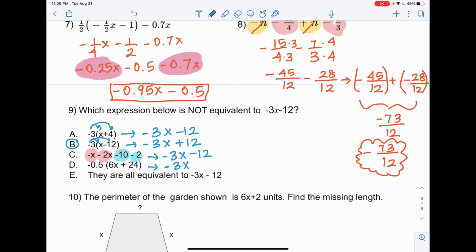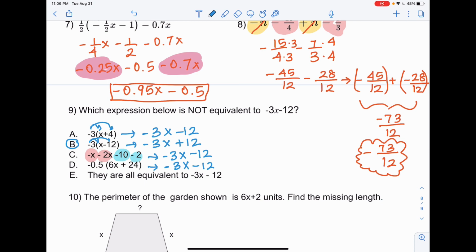It is like multiplying with 1/2, which is dividing by 2. So it is going to be negative 12. So from here, also, we notice that D is equivalent to negative 3x minus 12. Since we have already found one, definitely E is not an option. So the answer will be just B. Okay, we're done with this one as well.